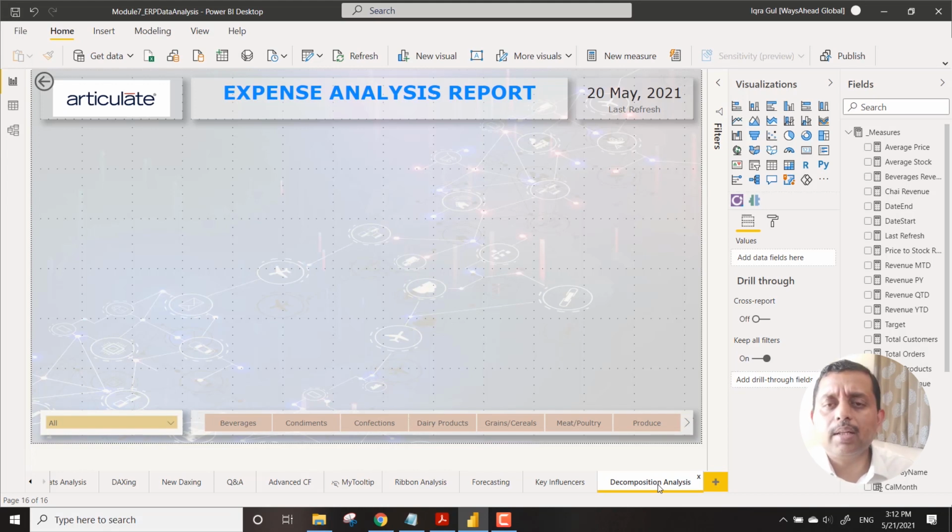Some advanced topics are there, maybe M query and language understanding. But believe me, what I am talking about in these 7-8 modules will enable you to work in a workplace, and it will cover 80% of your day-to-day tasks. There is nothing else than these things in regular data analysis that we do.